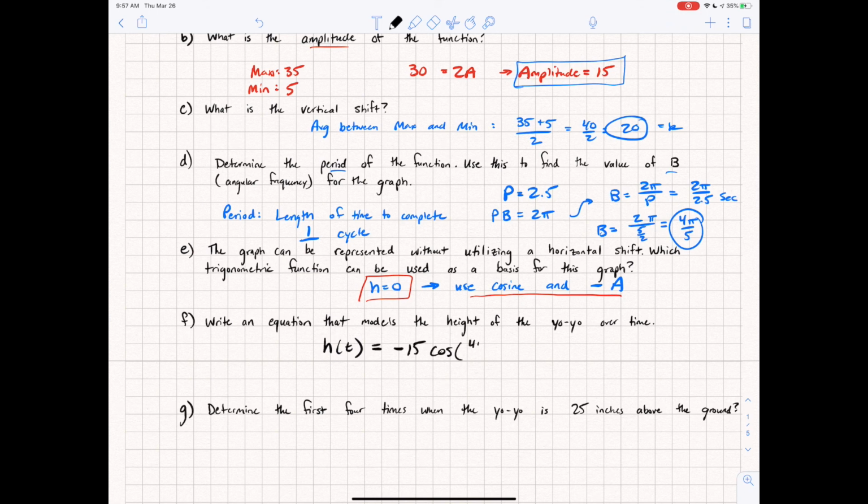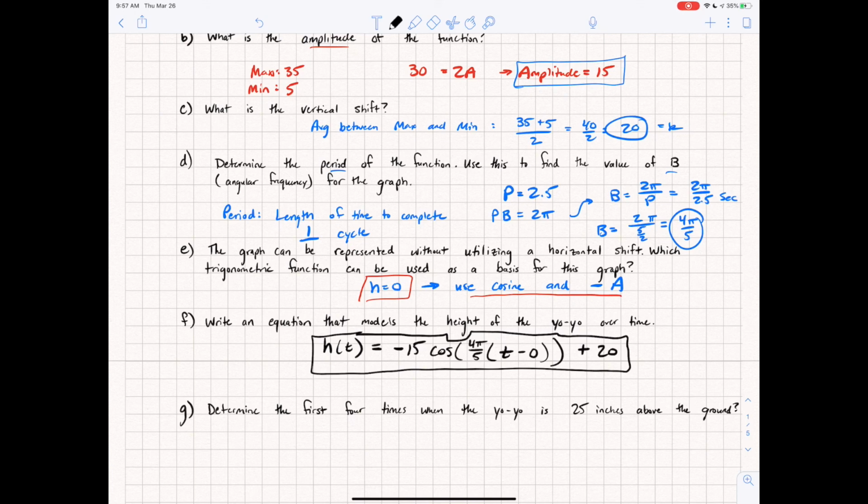B was 4 pi over 5. Then I have parentheses, t, since I'm dealing with time, minus 0, that was my h. And then my k is positive 20.